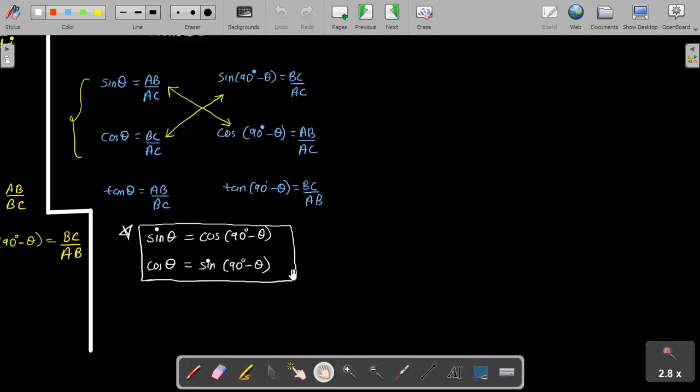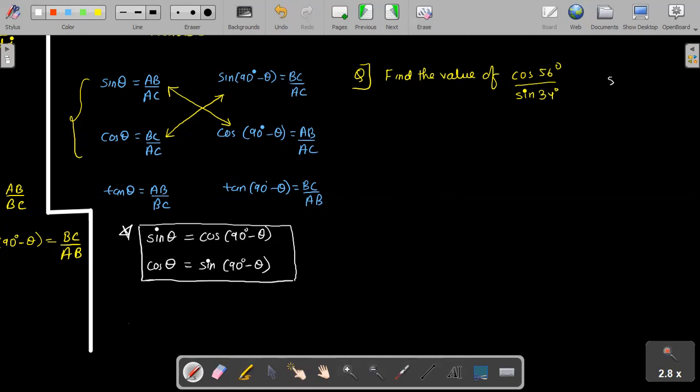Okay, I got it. So the question is like this: find the value of cos 56 degree divided by sin 34 degree. Now in this question, whenever they give you a question like this, we should first check these numbers.